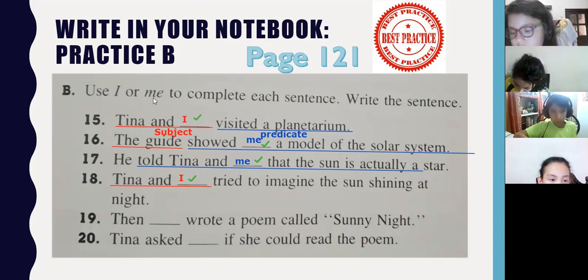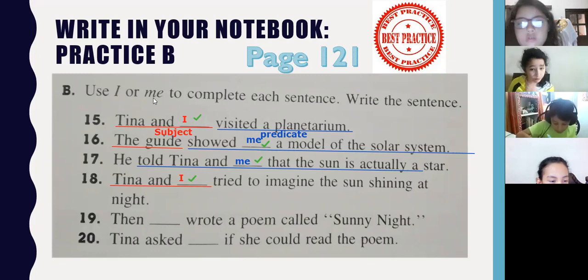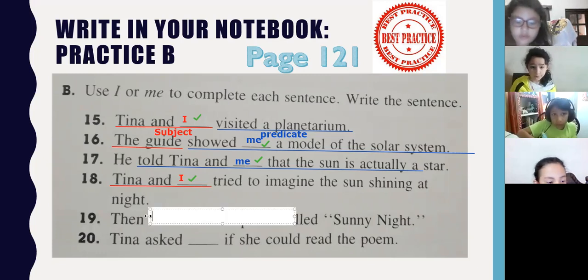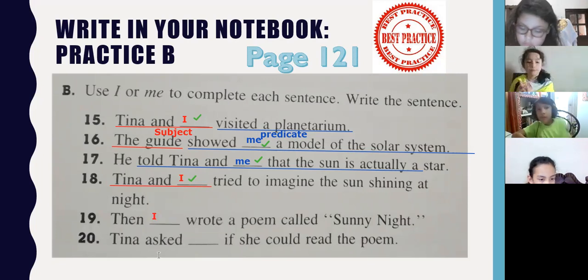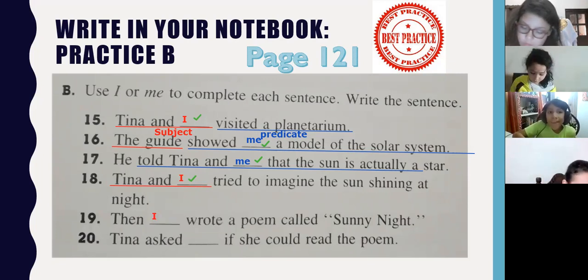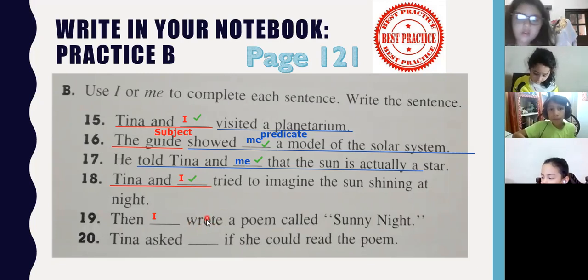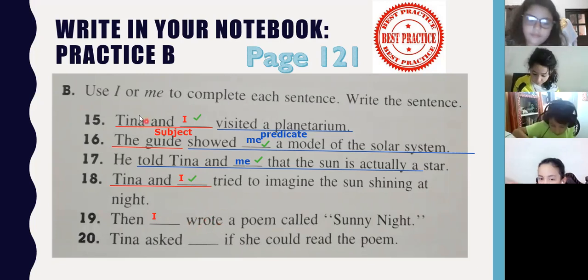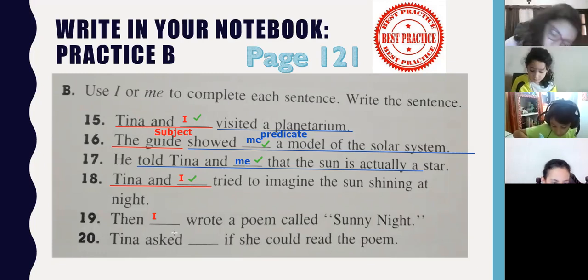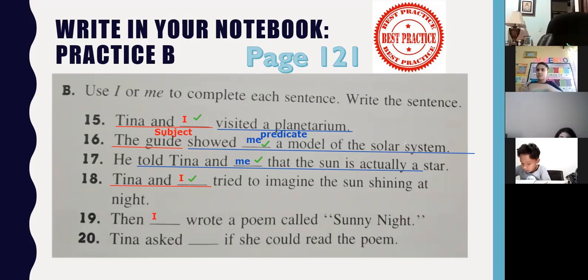I or me? I. Then I, that's right, it's I. Then I wrote a poem. Excellent. I wrote, it's the verb, so I'm talking about the subject. So that's why it's with I, because we are looking for the subject.